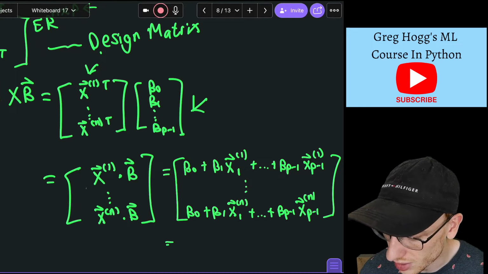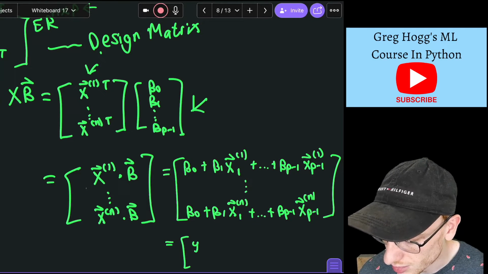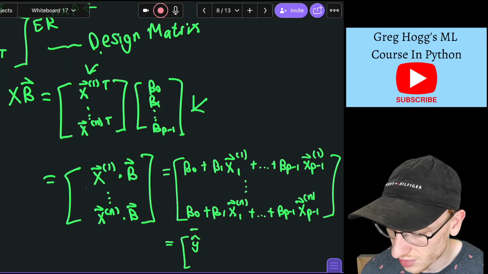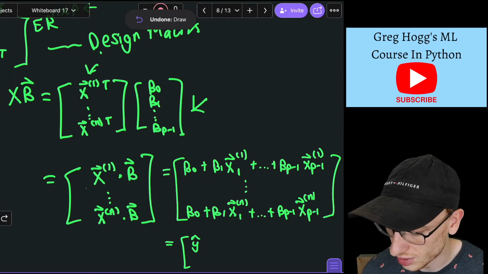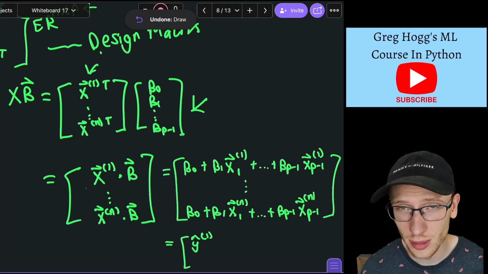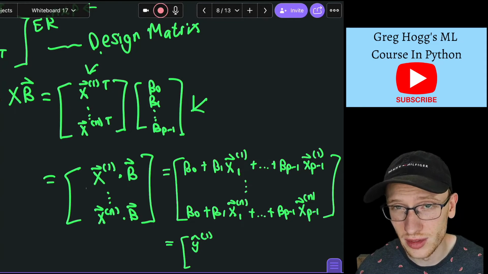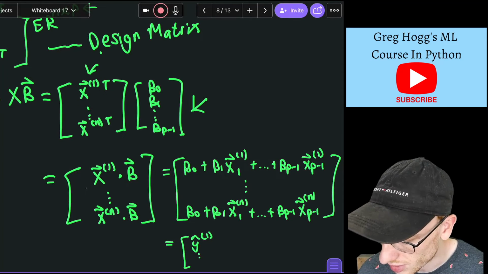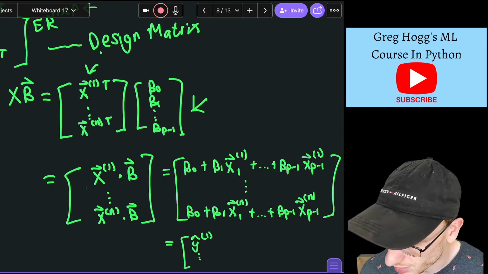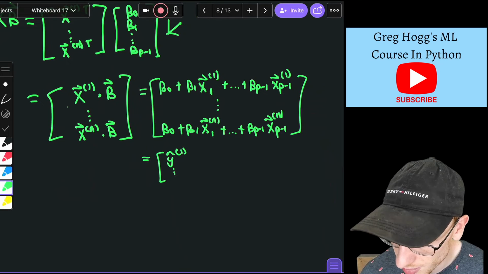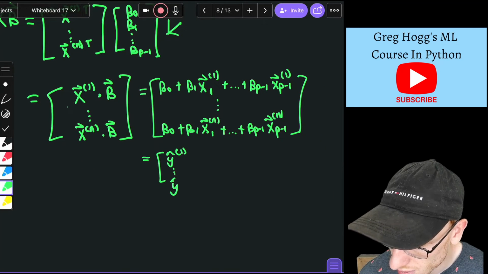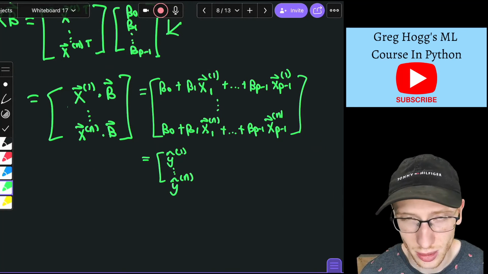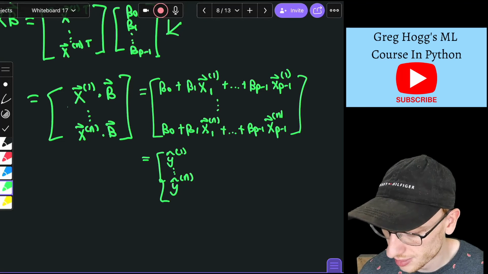That is exactly what it means to have. And I'm just going to write it like this. Instead of adding the vector here, it's just kind of weird, so I'm not going to do that. This thing itself is a number. It's the prediction, a real value, for that first person. And then this is all the way down until I need to move over a little bit. This last thing here is going to be the prediction for the nth person, okay?